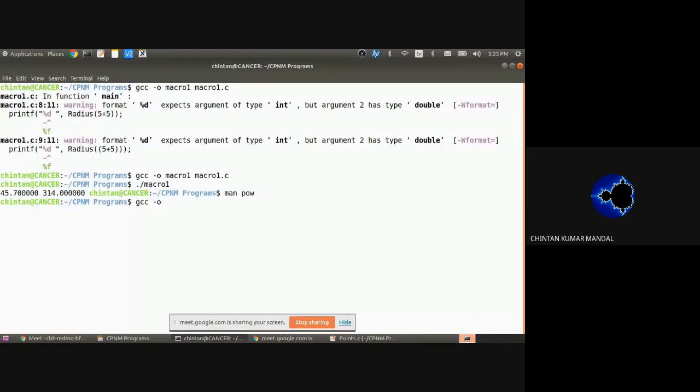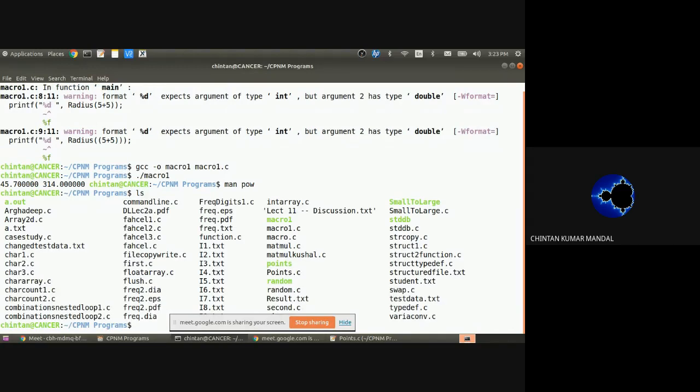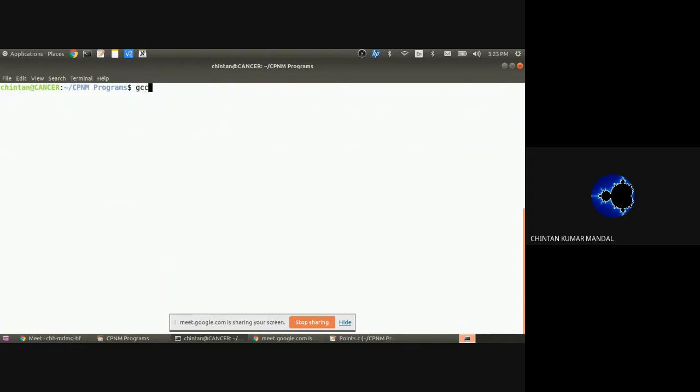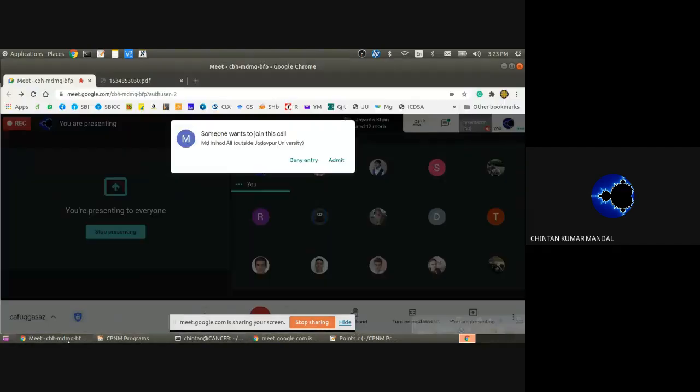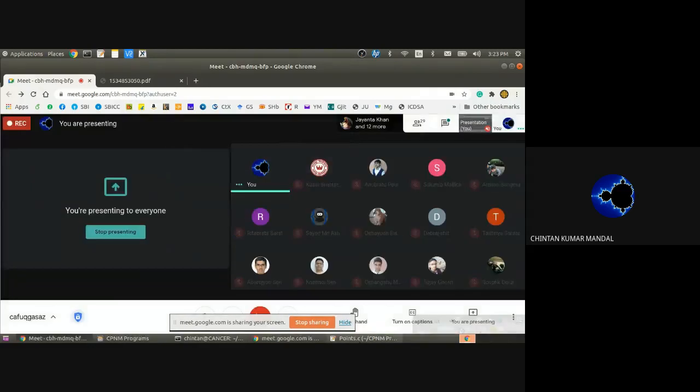GCC minus O, then points. What was it? Less was points, so GCC clear, GCC minus O points dot C. What was the problem?